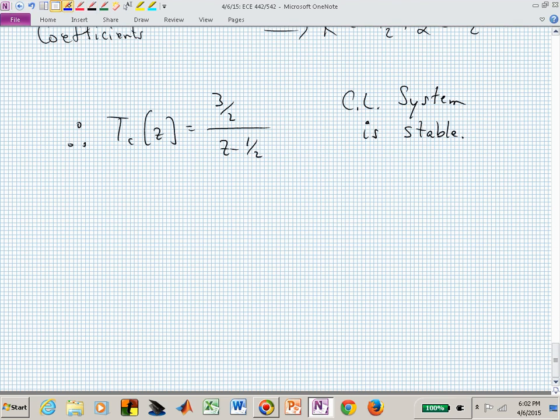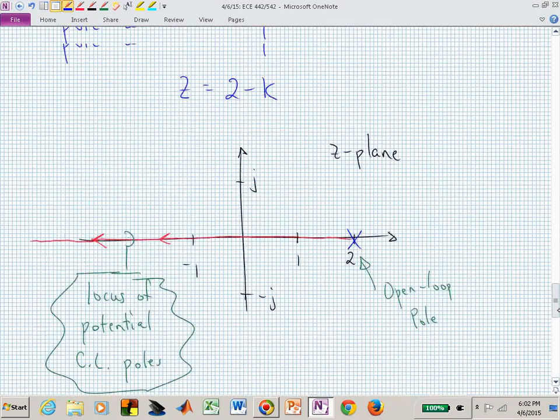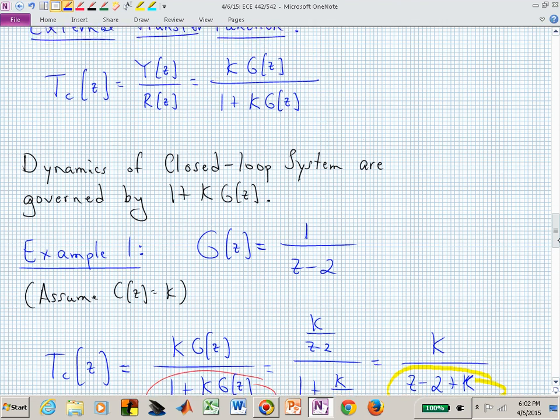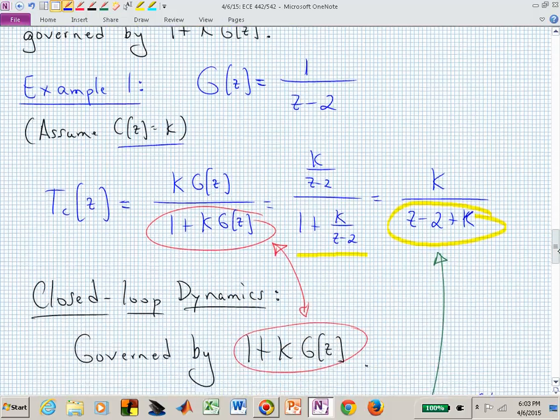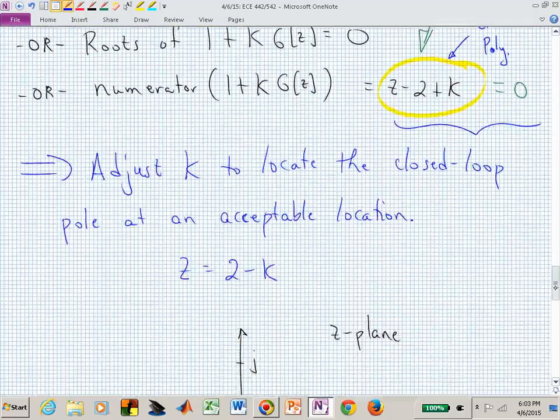What's our controller? Let's just remember what we were assuming. We were assuming a proportional controller, and we found what k was equal to.